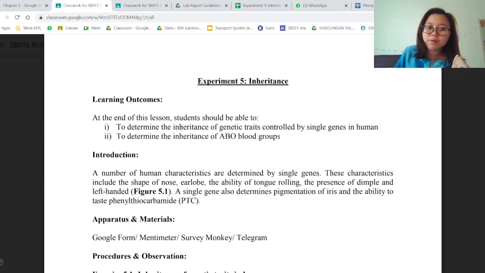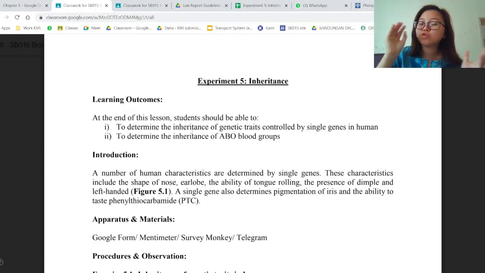Bila kita cakap determine inheritance, kita sedang tengok dia ada dominant dengan recessive allele, nombor 1. Dan kedua, kita tengok apa expected genotype and phenotype frequency. Kalau itu adalah dia punya dominant allele, kita expect berapa persen daripada populasi kita akan menunjukkan phenotype itu.